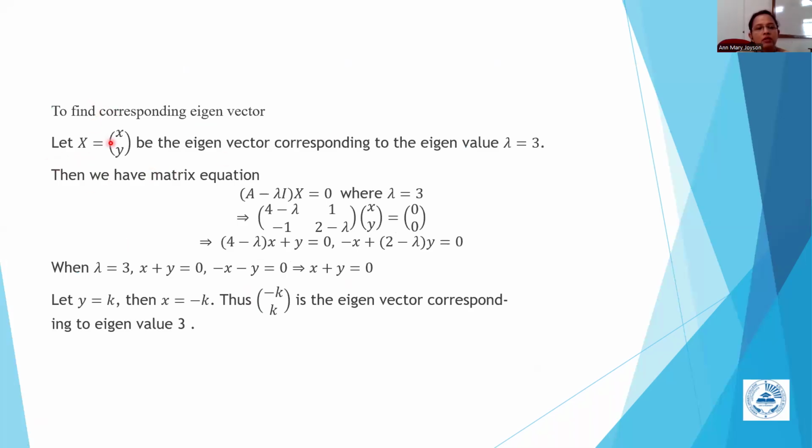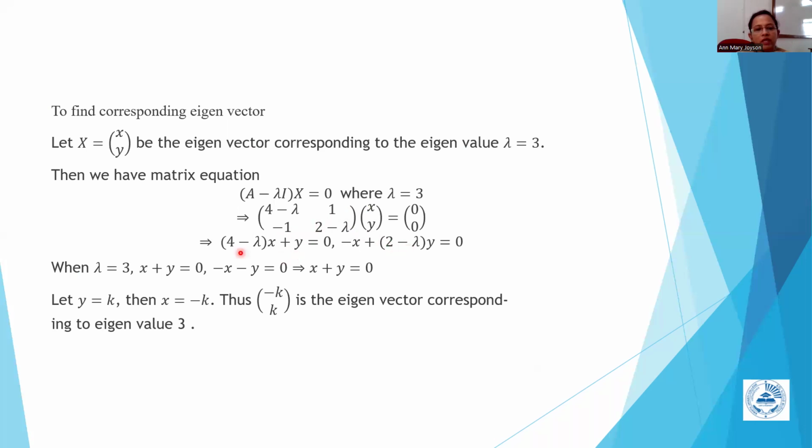Let us assume x equal to (x, y) is an eigenvector corresponding to the eigenvalue lambda equal to 3. Then we have the matrix equation A minus lambda I into x equal to 0, where we substitute lambda as 3. Expanding in the usual form, we get 4 minus lambda into x plus 1 into y, and minus 1 into x plus 2 minus lambda into y.